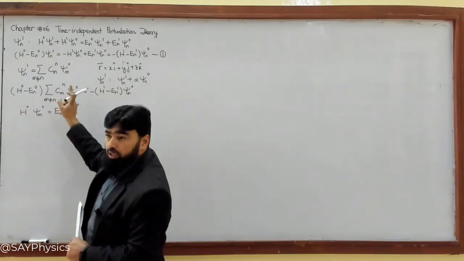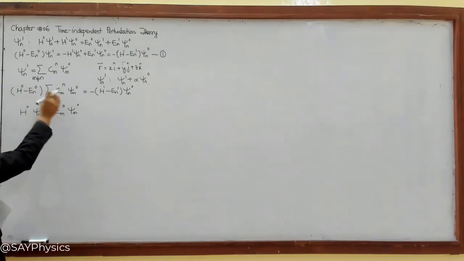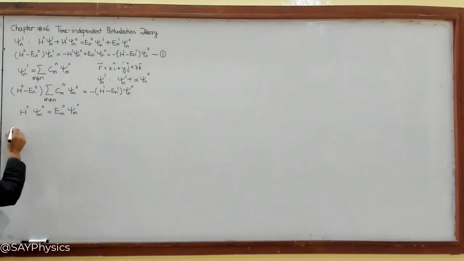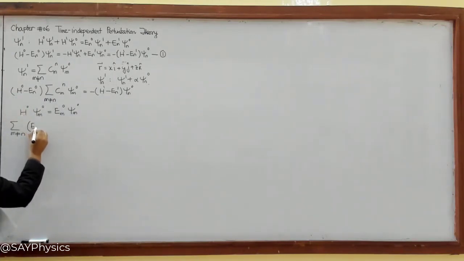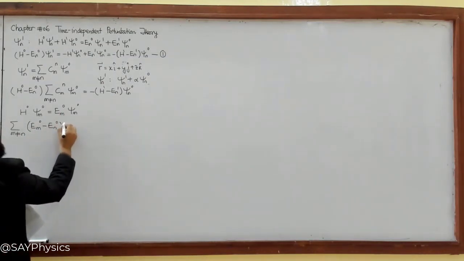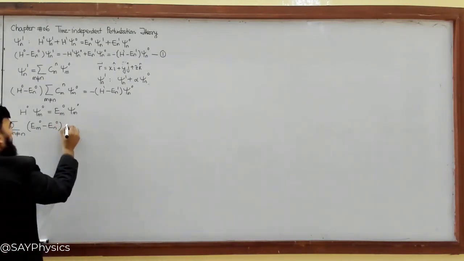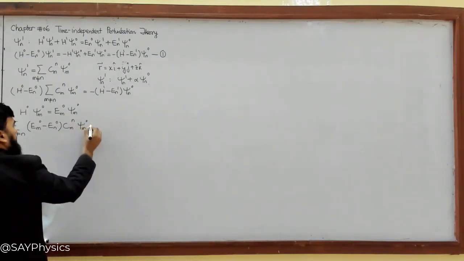For all the terms here, I can write the summation on m not equal to n of (Em0 minus En0) Cmn psi m0.